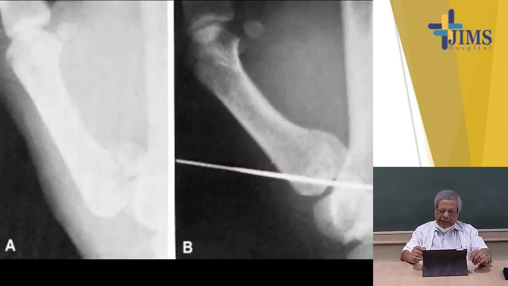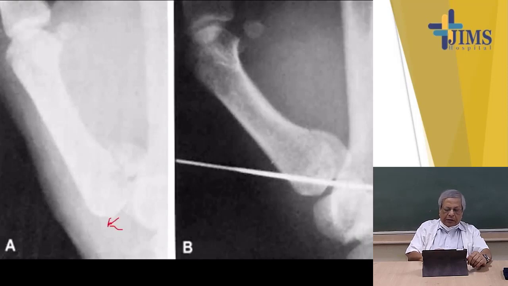So this is the X-ray picture. This is how this is. This one was subluxated, and one small fragment remained there. So you push it here, so that it gets back, then you fix it. There is no need to fix these two fragments.